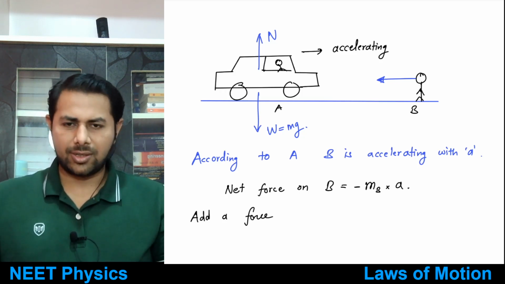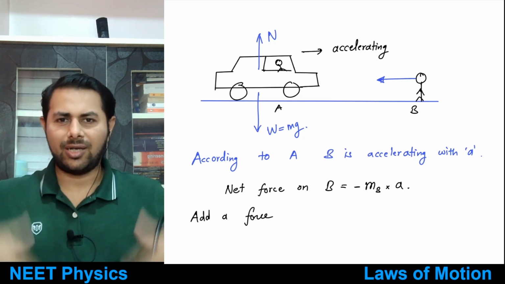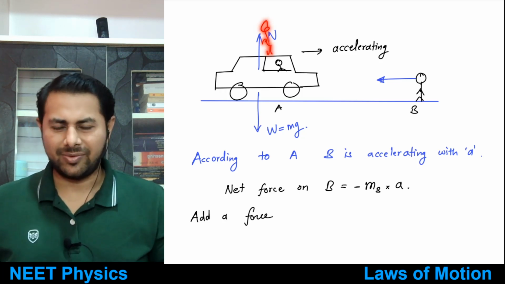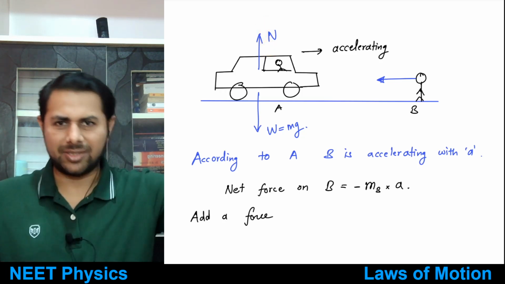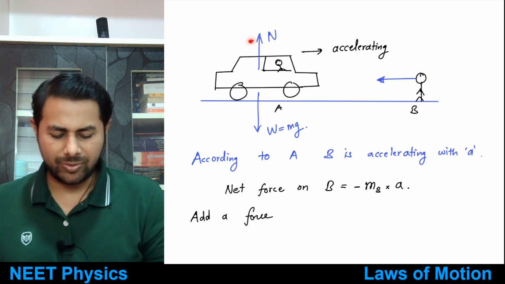So legs of monkey, they will move along with the car, but the upper part of the monkey's body remains at rest there, and that's why one part remains at rest, another part is moving in forward direction. So what will he feel? He will feel a force in backward direction, right?